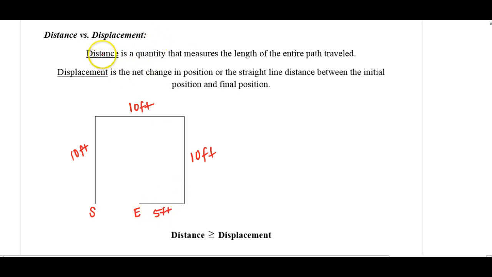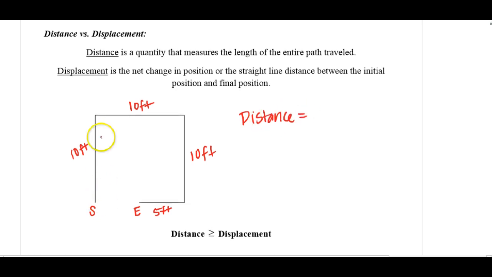So if I wanted to ask what is the total distance traveled, that's the length of the entire path traveled. So the distance would be 10 plus 10 plus 10 plus 5. So my distance traveled is a total of 35 feet.